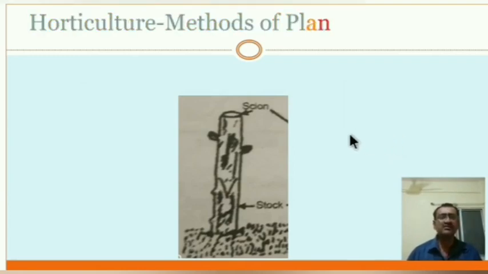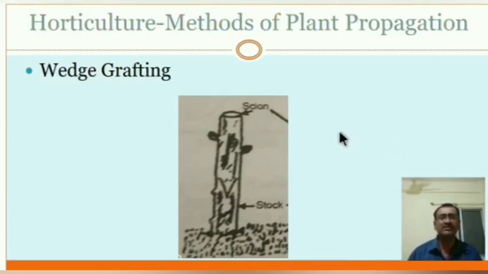Next method is known as the wedge grafting. Here again stalk is there and scion is there. In wedge grafting, a V-shaped cut is taken here and inserted into the stalk of another plant. In this way they are inserted into each other, and such type of grafting is known as wedge grafting.